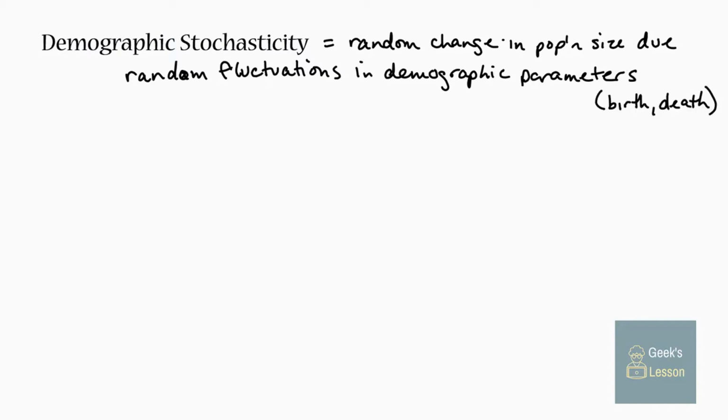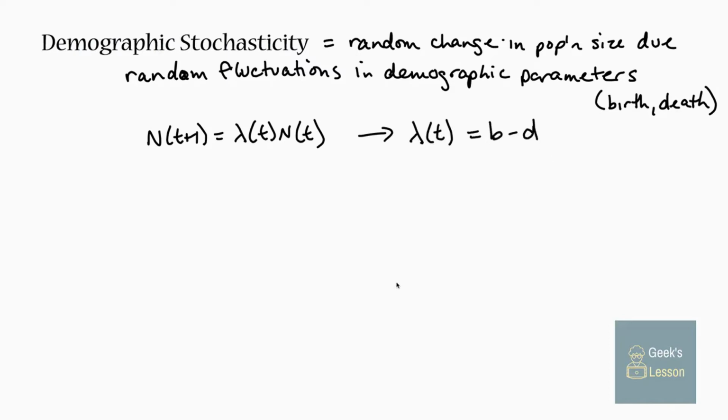So thinking back to the simple stochastic model of exponential growth, n at times t plus 1 is lambda t times n at t. Remember that growth rate is really births minus deaths. So if I want to include demographic stochasticity in my model, I can make my birth rate stochastic, I can make my death rate stochastic, or I can make both of them stochastic.